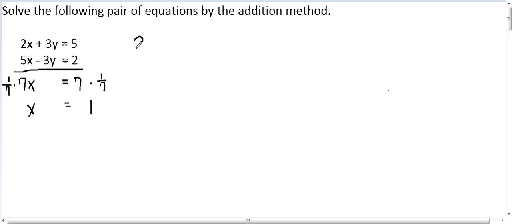So we start with 2, and the x appears here, so we're going to replace that by 1. So 2 multiplied by 1 plus 3y equals 5. 2 times 1 is equal to 2.